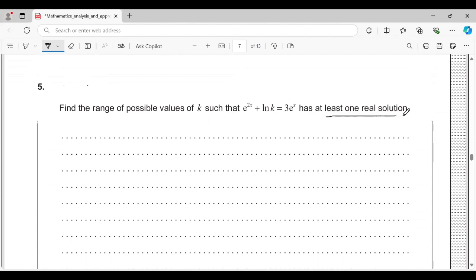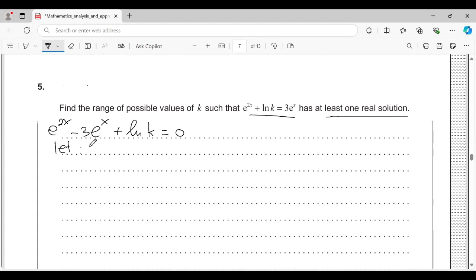At least one real solution means one or two roots of the quadratic equation. So we can arrange this equation into a quadratic equation like this: e power 2x minus 3 e power x plus ln k equals 0.